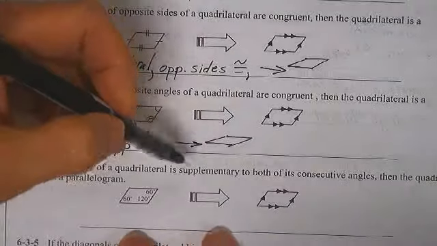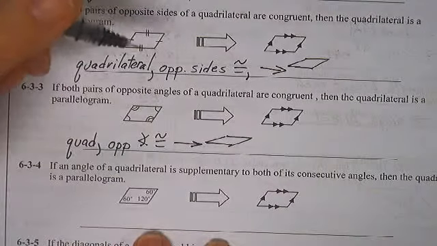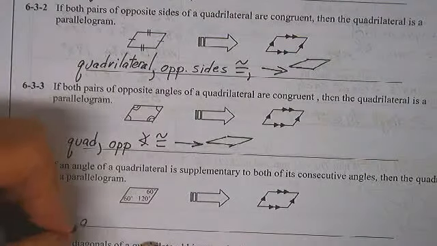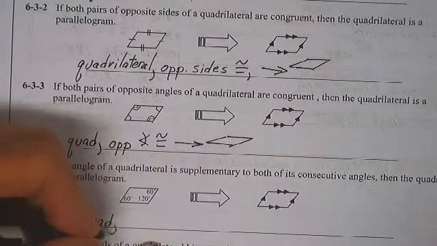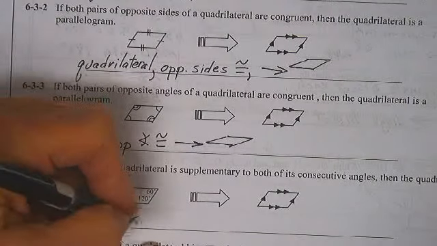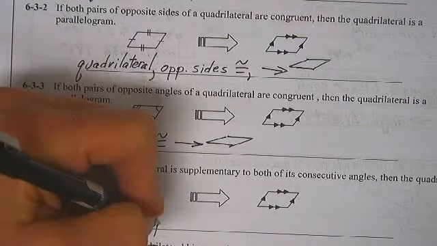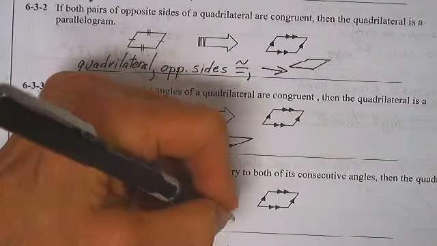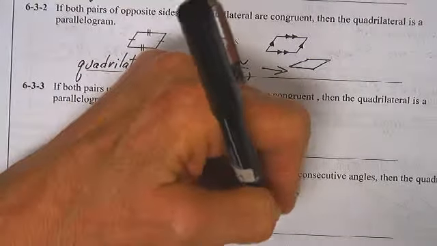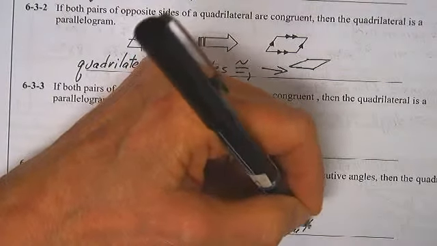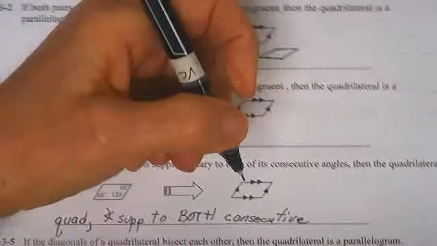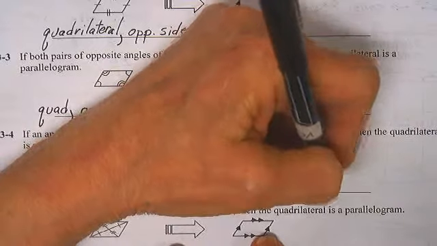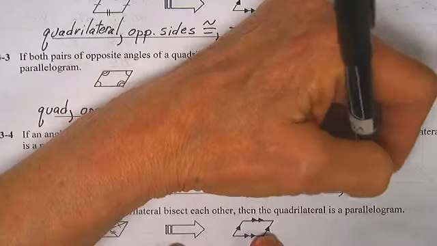Now, if an angle is supplementary to both of its consecutive angles, then the quadrilateral is a parallelogram. If we have a quadrilateral, the angle is supplementary to both consecutive angles, then we have a parallelogram.